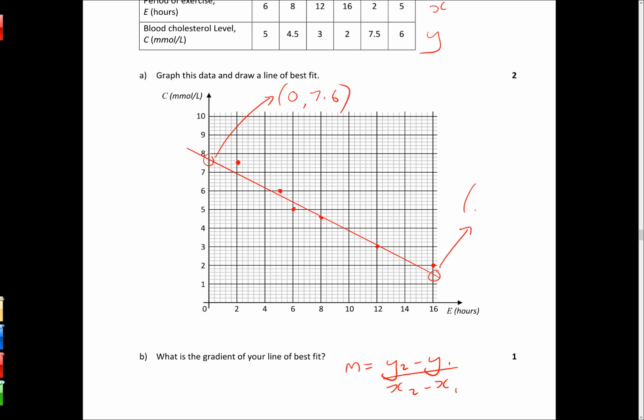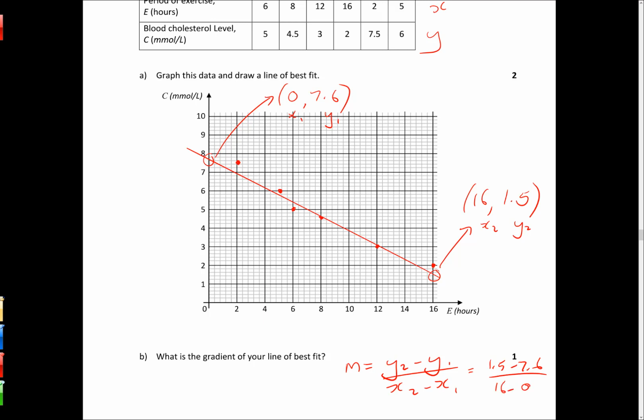I reckon this other point is 16, comma, right halfway in between, 1.5. I'm going to call you x1, y1, and you can be x2, y2. So I've got a 1.5 minus a 7.6 over a 16 minus a 0.